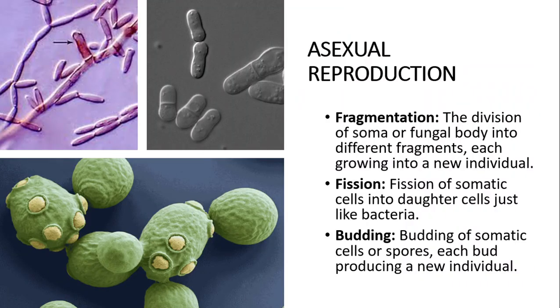So asexual reproduction takes place through different processes like fragmentation, fission, and budding. Here you can see this is fragmentation, the division of the soma or fungal body into different fragments, and then each of these fragments grows into a new individual. That is called fragmentation. In case of fission, that is also called binary fission, fission of somatic cells into daughter cells, just like in bacteria.